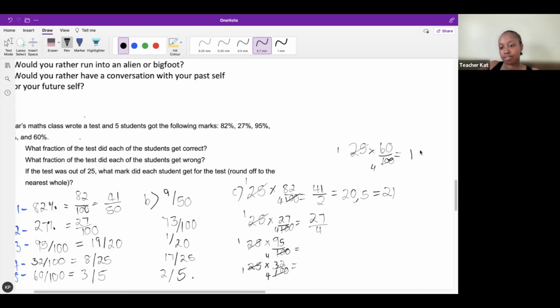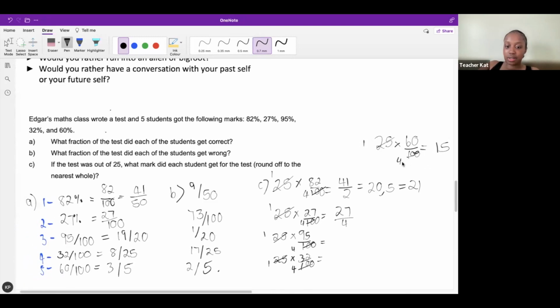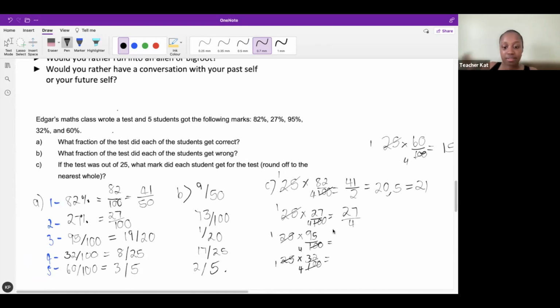60%, that means they got 15, right? 95 divided by 4 is what? Let me rewrite them. What's 95 divided by 4, guys? Anyone still alive?